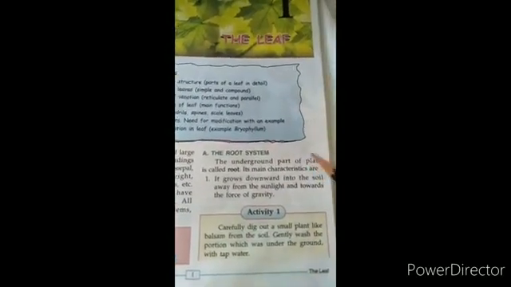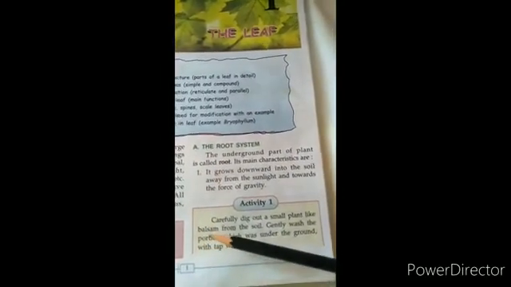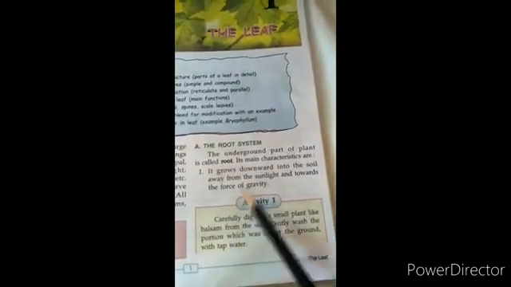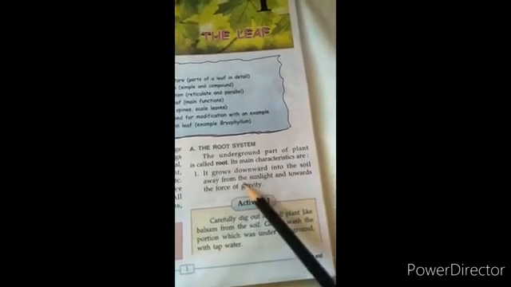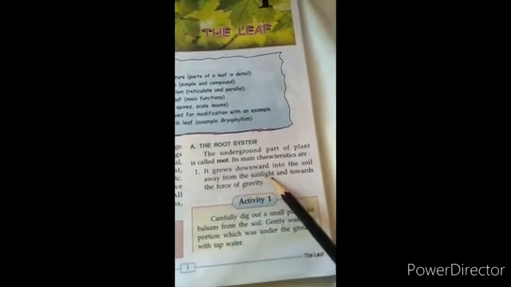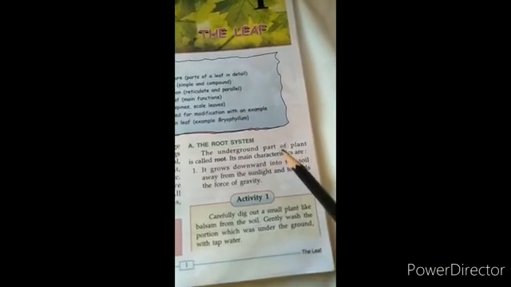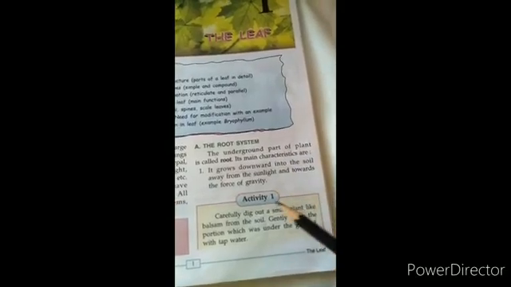So we know that the roots grow downwards towards the ground. That is the main thing that we understand from here. And we also know that the roots will always grow away from the sunlight. So sunlight comes from the top, and opposite from the top we can say downwards. So the roots grow downwards.